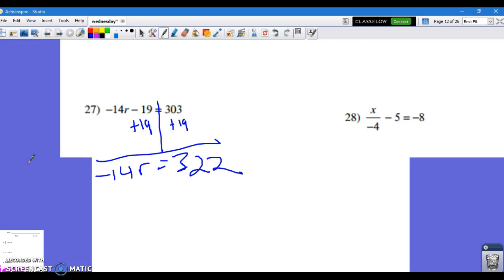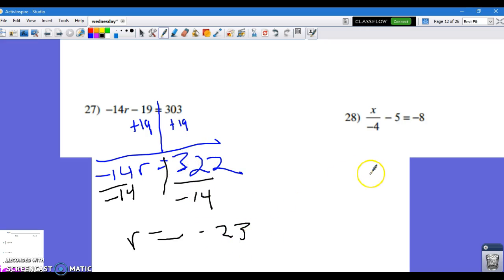So now, if I divide for the second part, remember this means multiply, so you're going to divide. That cancels out, leaving you r. And negative 23. 14 will go into 322 23 times. It's going to be negative. Negative divided by positive is negative.